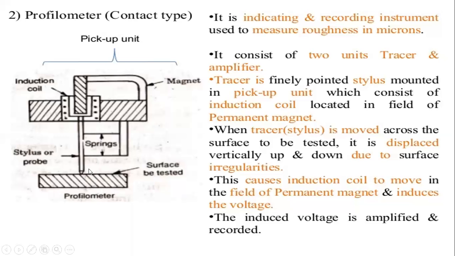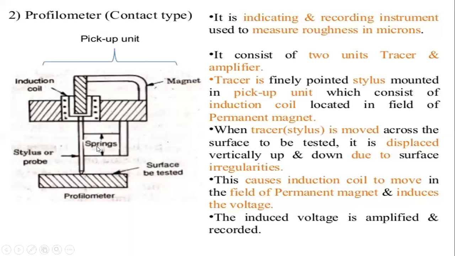So this is the profilometer and this is the surface to be tested, and it has the stylus or probe, which is the longest part. This is the stylus, and it has spring attachments attached to the induction coil.